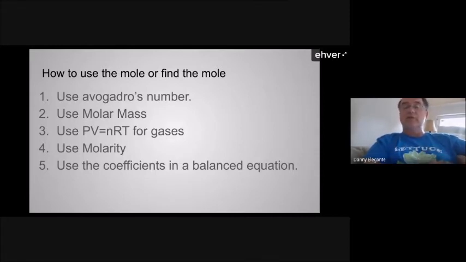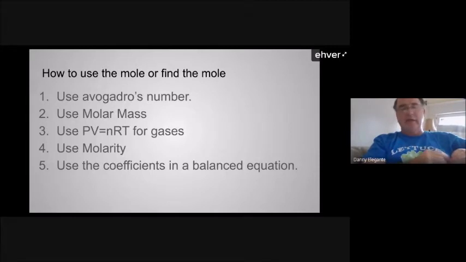The other way that you'll find the mole, not that we're going to do it very much today, is you can use the coefficients in a balanced equation. So if you have a balanced equation and you have the numbers out in front, that gives you what we call the mole ratio. So if you have 2 moles of one thing, it might take 3 moles of the other thing in order to get it to react.